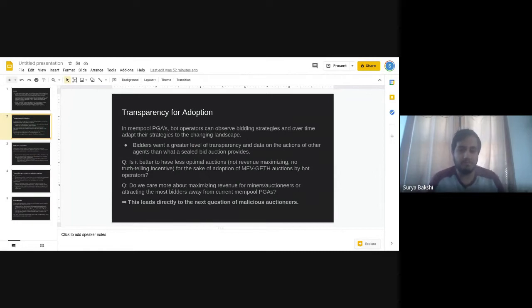Or is it better to use an alternative where bids are not sealed, where we release information about how people are bidding, perhaps in the form of rounds?